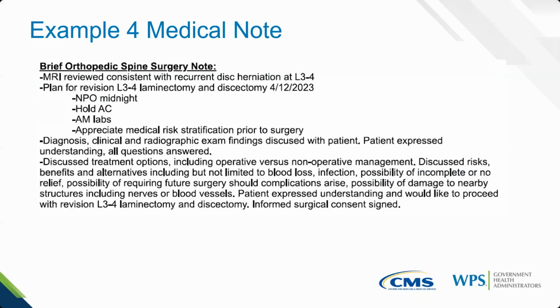We have a brief medical note here, and it looks like the resident is talking to this patient about surgery on the 12th. The resident discussed the treatment options, the risks, etc. with the patient. The risks identified here seem to be the normal risks from this particular surgery, and that's good information to have in the note and to share with the patient.